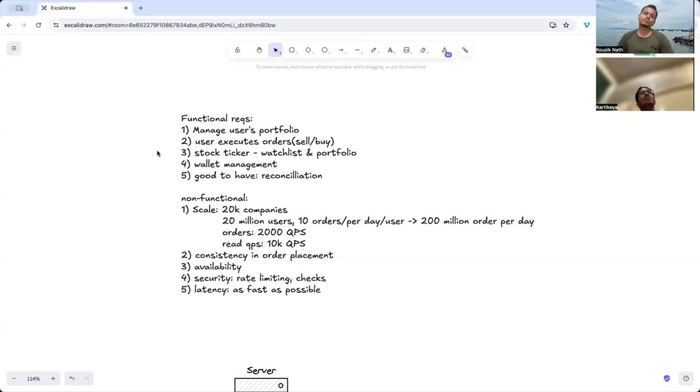I'm assuming the user comes to the broker's app and places some order, and if that order is successful, whatever the outcome of that order was is reflected in the user's portfolio. And when the user lands on the app, the user should be able to see their portfolio.